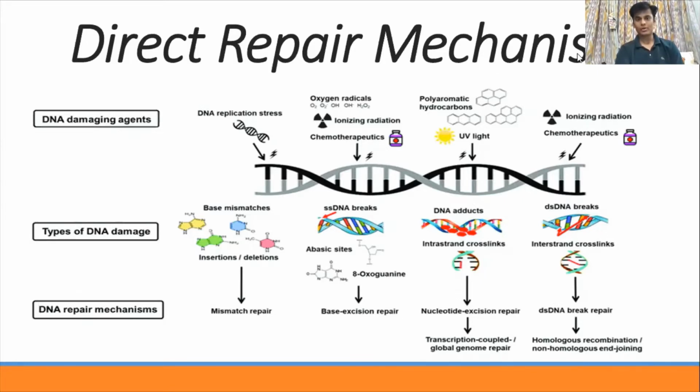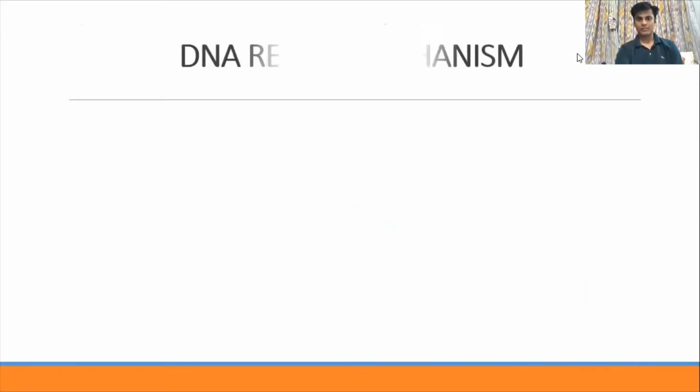The altered or damaged DNA is repaired by several mechanisms apart from proofreading or exonuclease activity of DNA polymerase III, which removes incorrectly incorporated nucleotides immediately after the synthesis of the new chain. The damaged DNA is repaired by the following repair mechanisms.